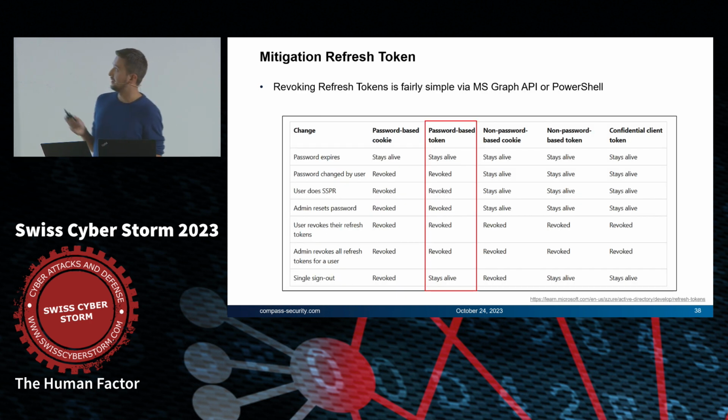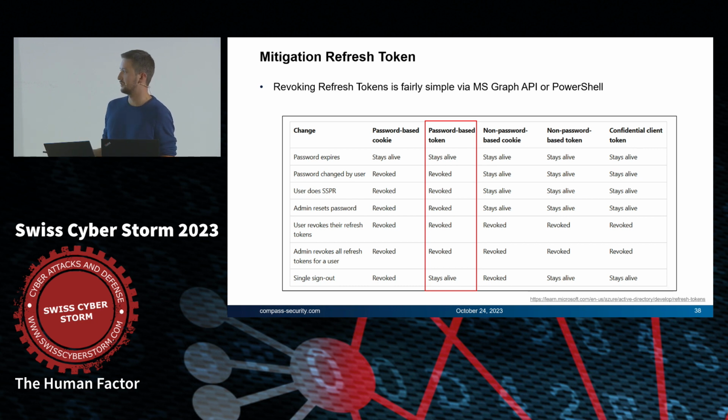On the other hand, mitigating refresh tokens is quite easy. This is from this link here from Microsoft. We are here in this password-based token, and you can see here if the password is changed by the user, all the tokens will be revoked. But this is not a valid option for all of the tokens that exist.